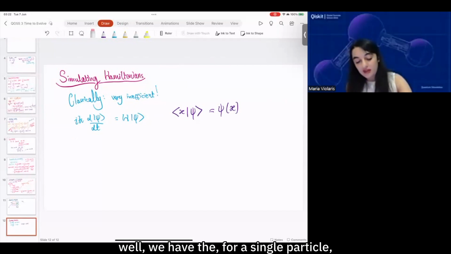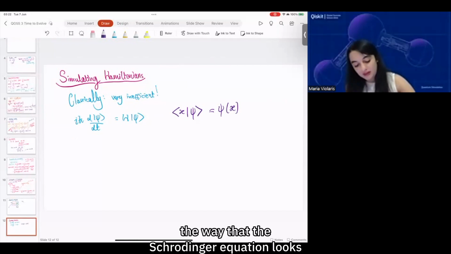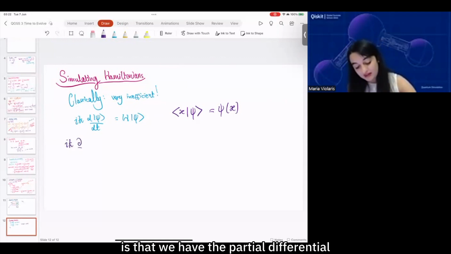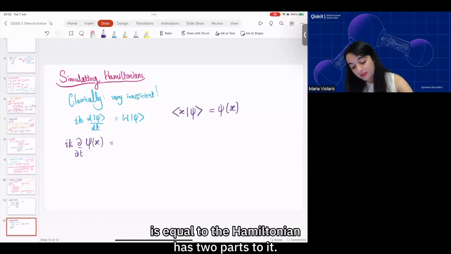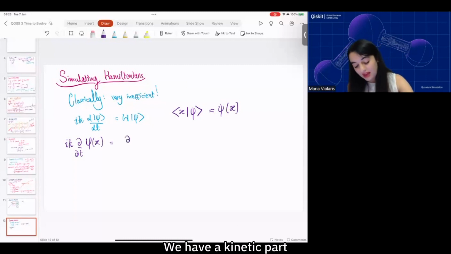For a single particle, the way that the Schrödinger equation looks is that we have the partial derivative of this psi with respect to t equal to the Hamiltonian, which has two parts to it: a kinetic part and a potential part.